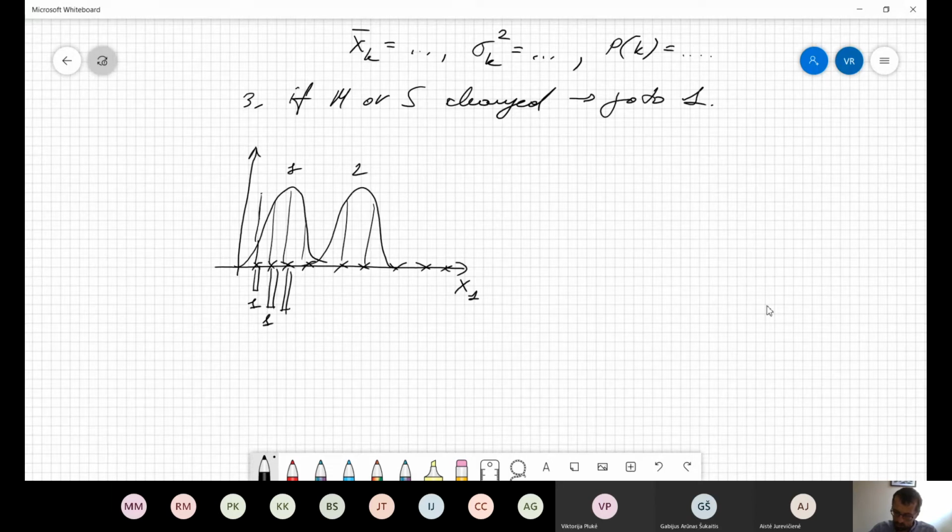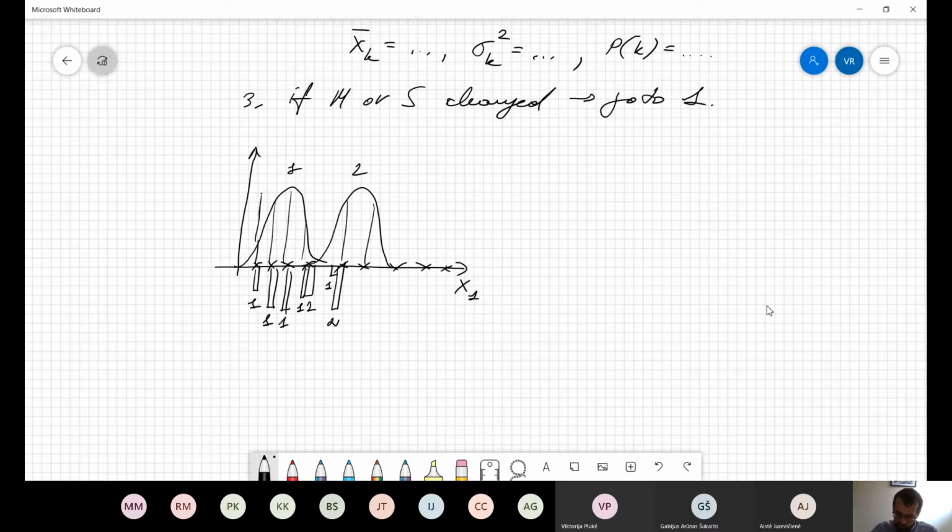This is certainly 1, and this is not so certain about 1. This will have 1 distributed between the 2 as well. This one is most certainly cluster 2, but has some touch with the 1.